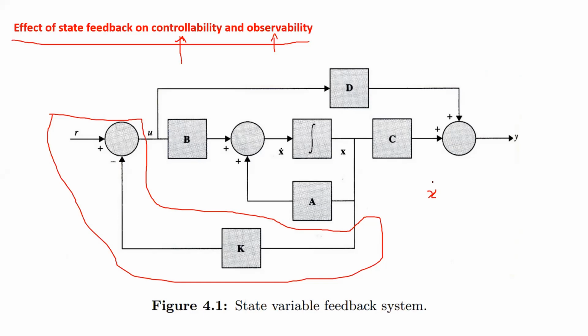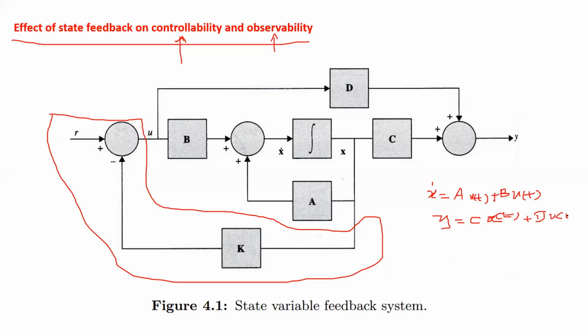X dot is equal to A into X of t plus B into U of t. What is the output Y? Y is equal to C into X of t plus D into U of t.